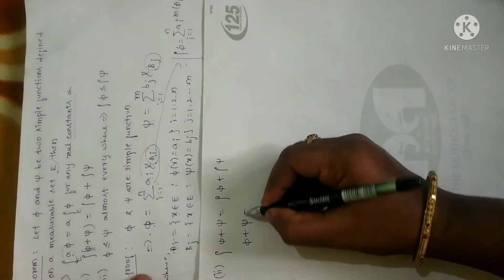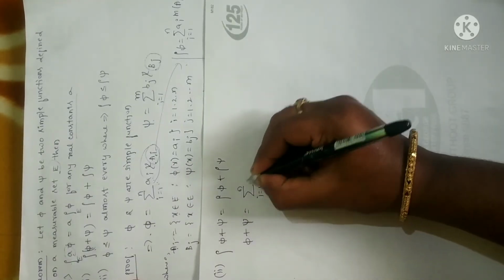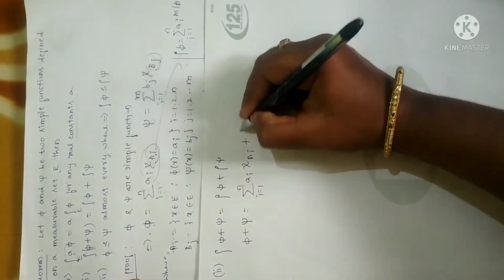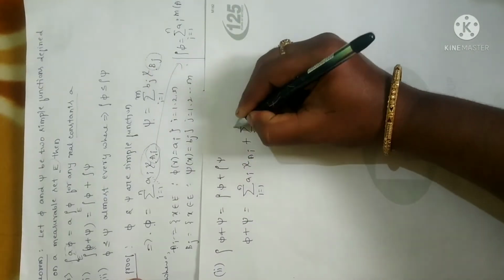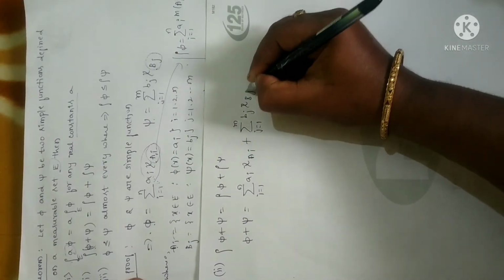See here, phi plus psi I am going to add, so I can write phi as the summation i equals 1 to n of ai times chi of ai, plus psi as the summation j equals 1 to m of bj times chi of bj. Fine. Now I'll simplify here.